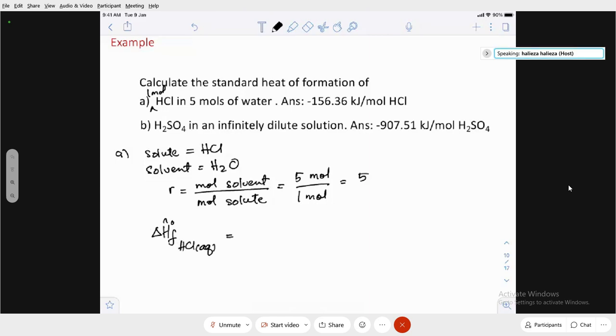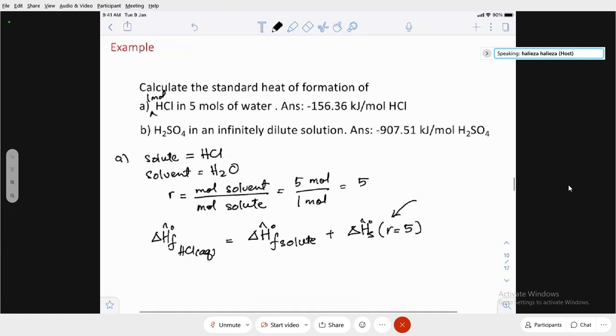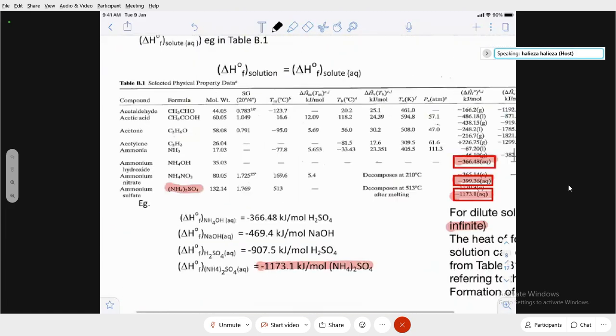If you want to get the heat of formation of your hydrogen chloride, which will be aqueous, you will use the formula highlighted in yellow just now. That is the heat of formation of your solute plus the heat of mixing of your solution, with R equals 5, the value you just calculated. So now let's look at hydrogen chloride in table B11.